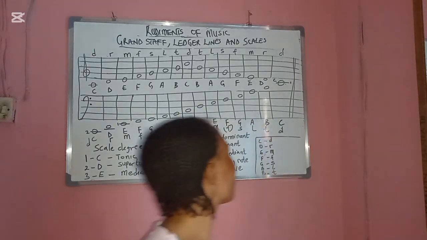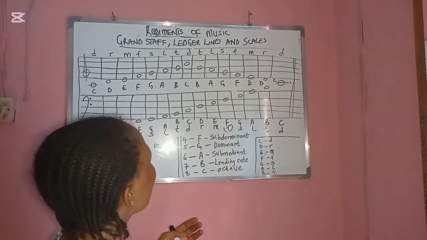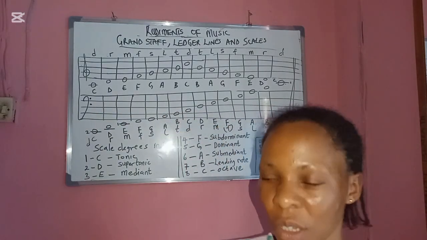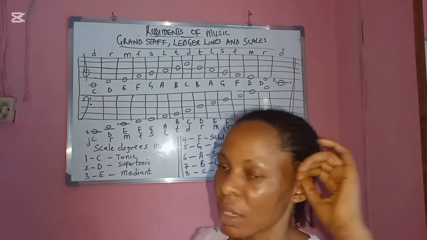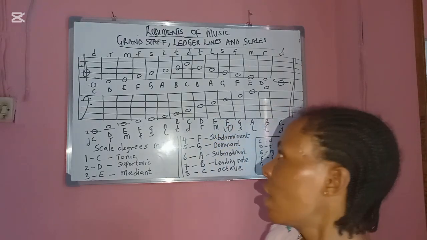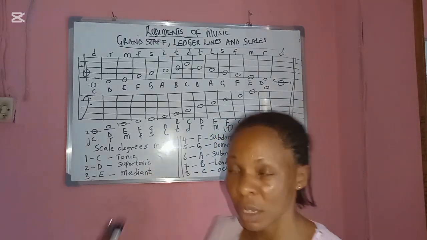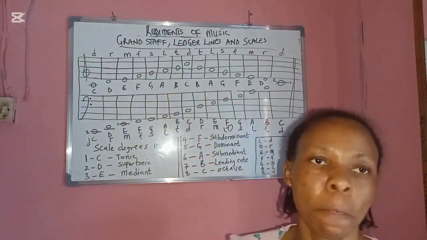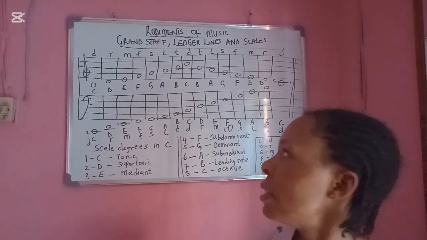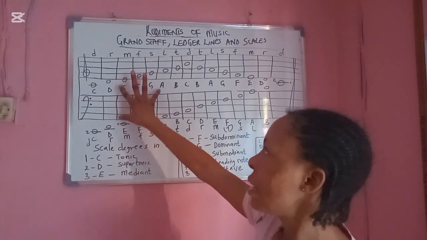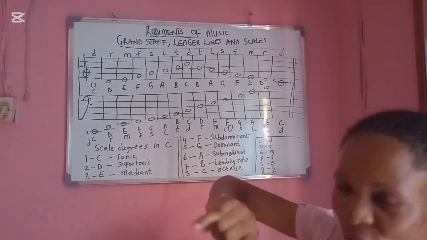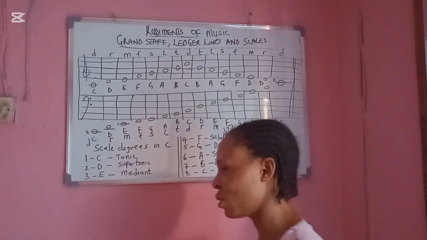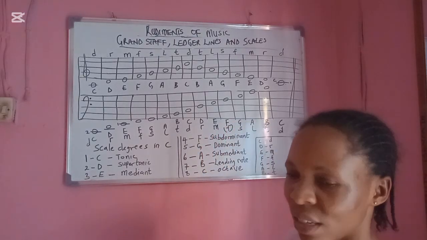Okay, and then I also said that we are going to talk about what we call scale degree. But first, let's understand the note components in the scale of C, which is C, D, E, F, G, A, B. Okay, then we are going to apply them on this staff, and I'm trying to be faster than my shadow because I have a whole lot of stuff to teach, like the graded exams and everything.